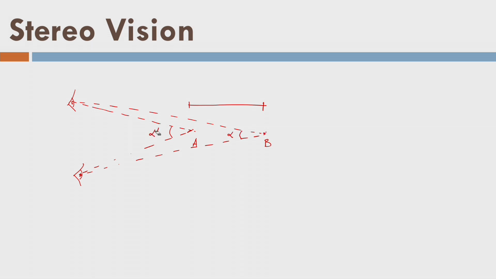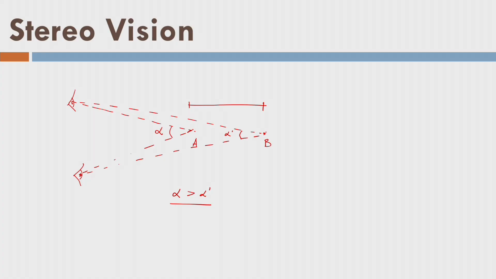Let us say I call this angle alpha and I call this angle alpha dash. Here you can see that alpha is more than alpha dash. Why? Because the point B is far away from me compared to point A, and that is what we call stereo vision.